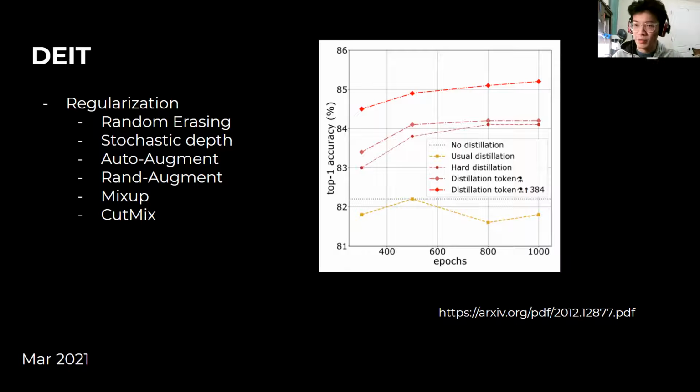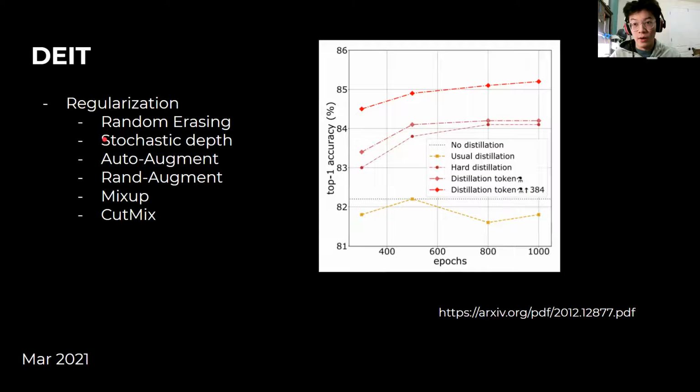We have covered some last week, for example, label smoothing and adding dropout layers, but we're going to cover more this week. So one of the regularization techniques they used is called random erasing. From each image, they just remove a random portion of it, and it forces the model to learn more about the surroundings of the image.